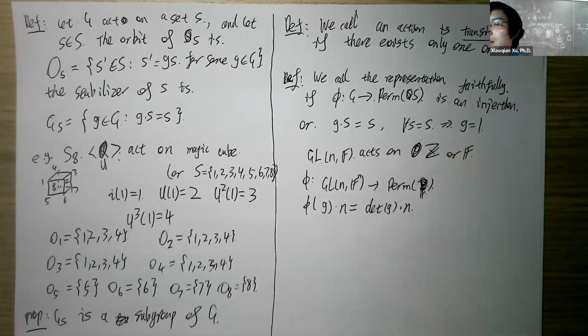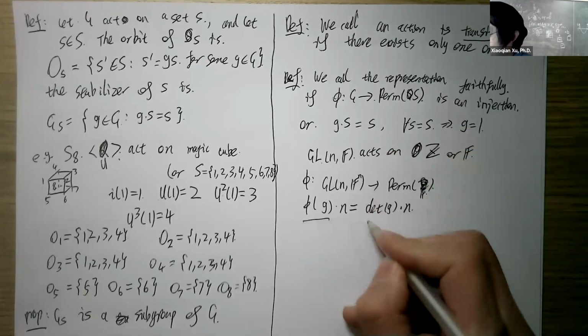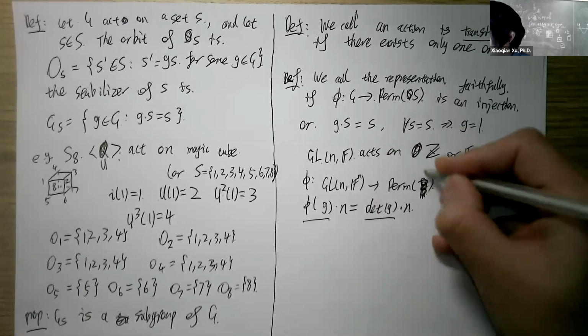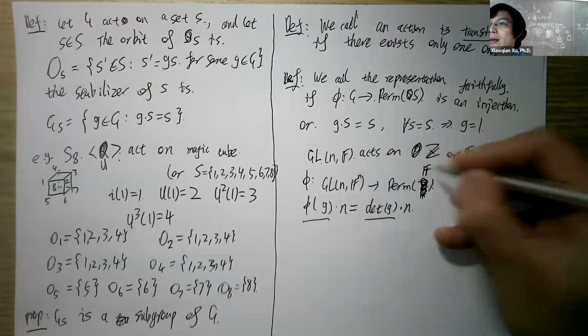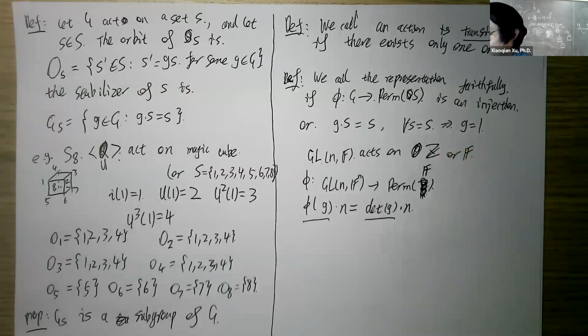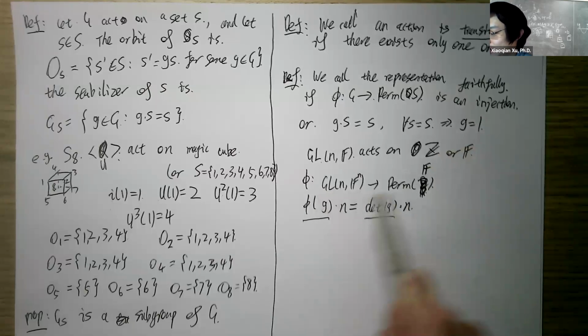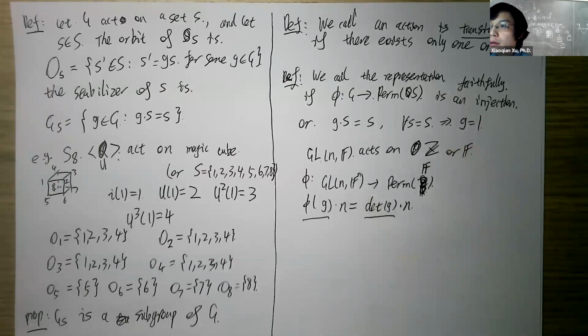Okay, then you can see that this representation, this is F, I'm sorry, permutation group of F, this representation is not faithful. It's not a faithful representation because on this embedding, you lose a lot of information, right?